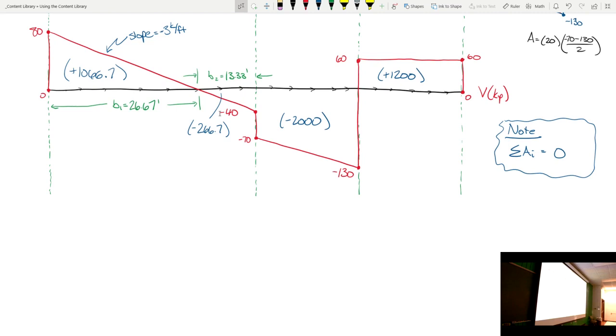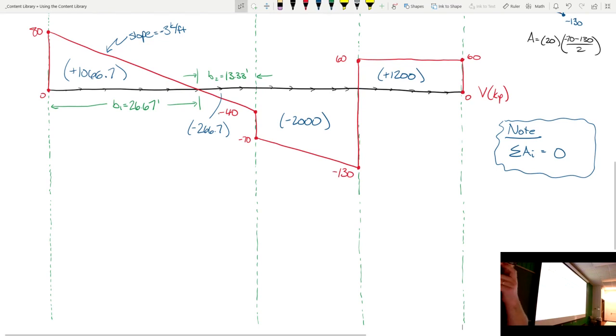Now, watch this. Okay, so I'm going to continue this down. All right, and I'm going to construct another horizontal line here.